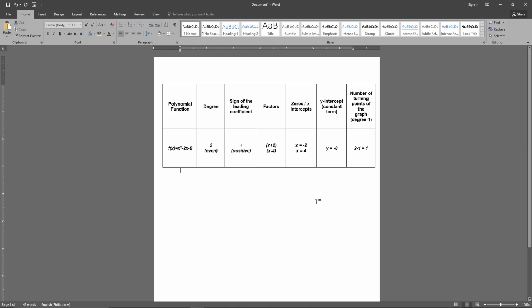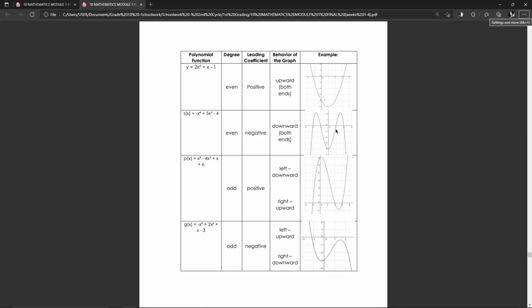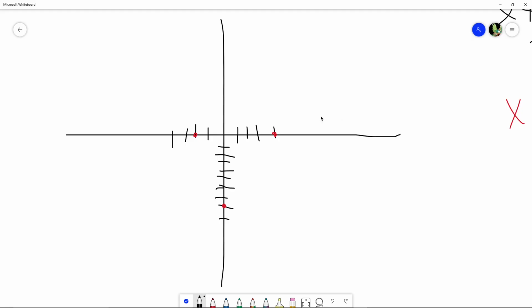Remember from last time, considering our degree is both even and positive based on this diagram right here, the behavior of the graph is going to be both ends going upward. What do I mean by that? It means from left to right, it will be going upwards.